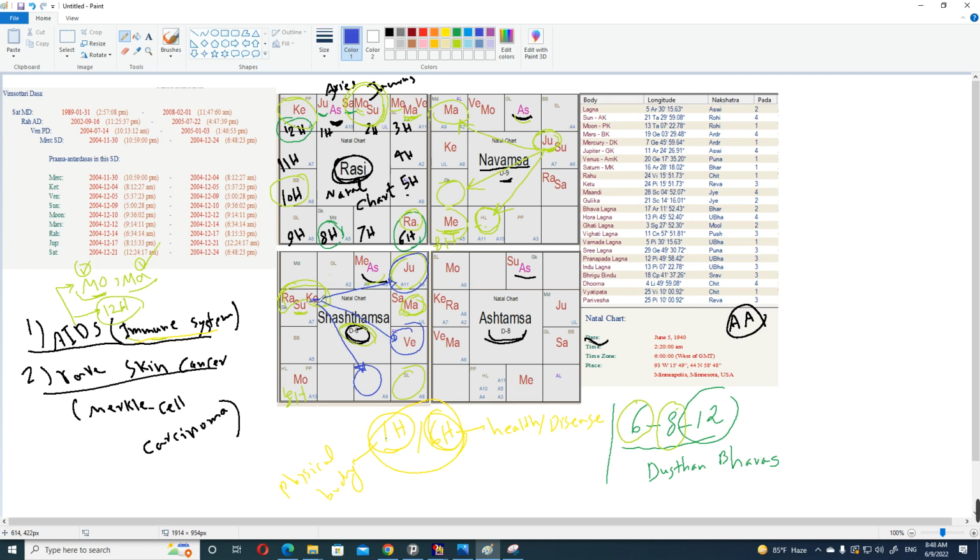I explained to you that the nodes are with each other because these are divisional charts. They're not real charts, and this calculation sometimes puts the nodes together. Both nodes are aspecting the ruler of the 12th house of the main chart, that is Jupiter, connected to the immune system. And this is weak. You can check the rulers of the houses of the main chart in divisional charts too. In addition to checking the houses in each divisional chart, you should check the rulers of the houses of the main chart in D6 too.